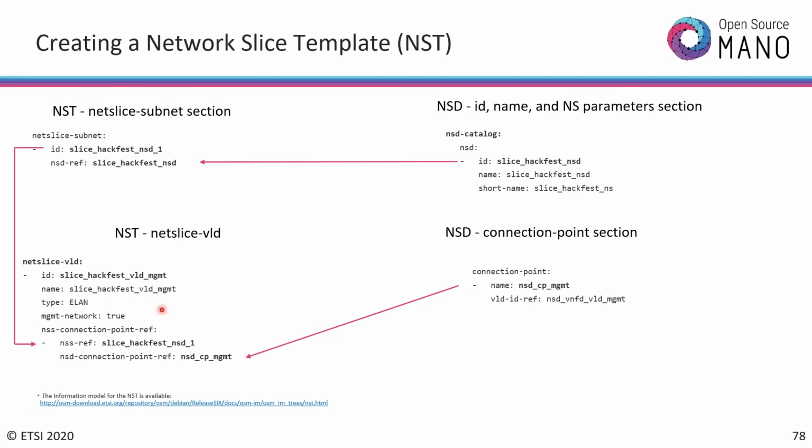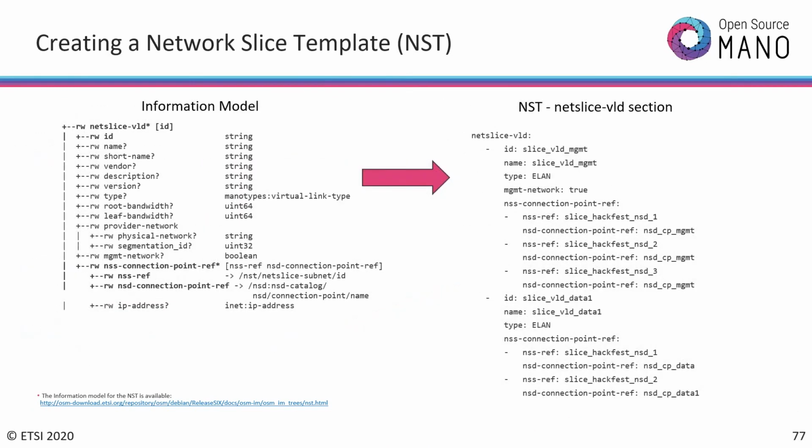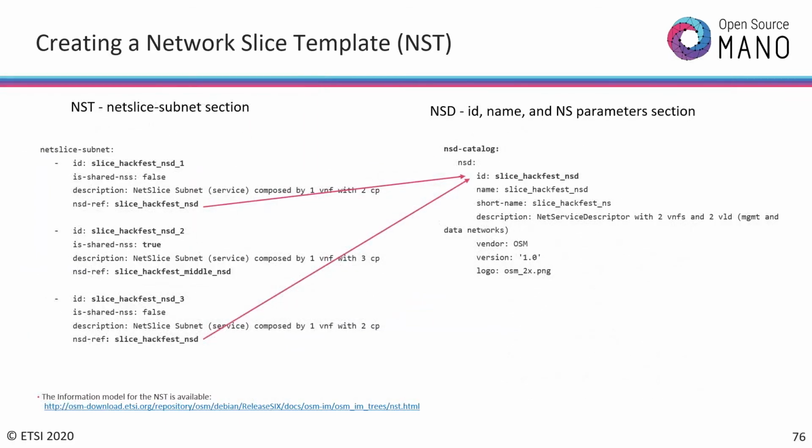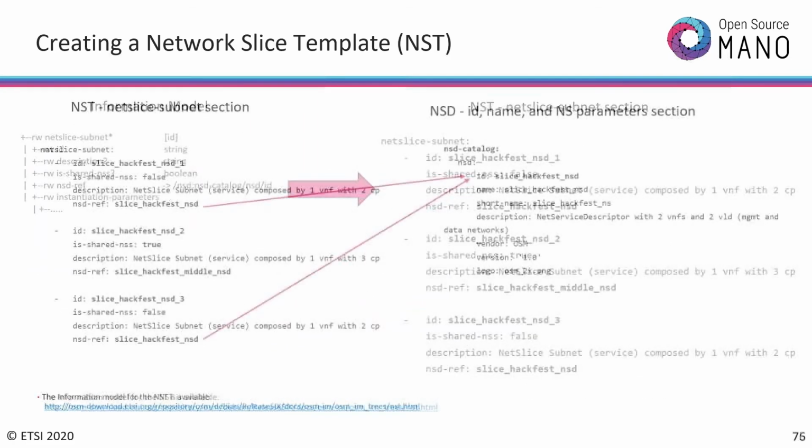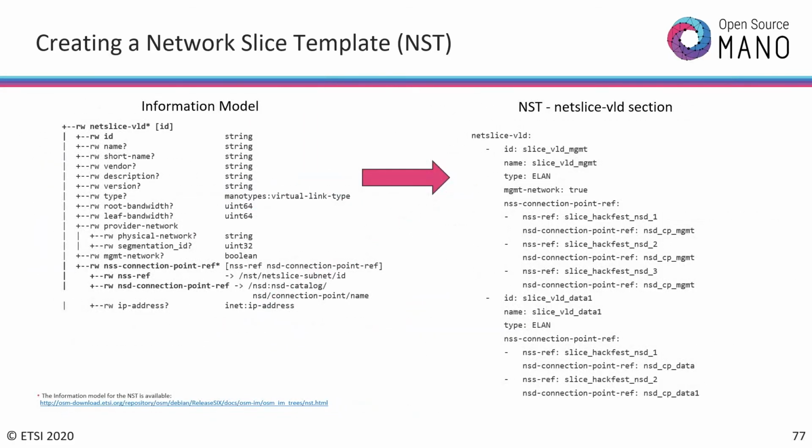Let me, if we go back a little bit, yes. For the first VLD of the slice, we will connect all the connection points from the network slice subnets to the top.